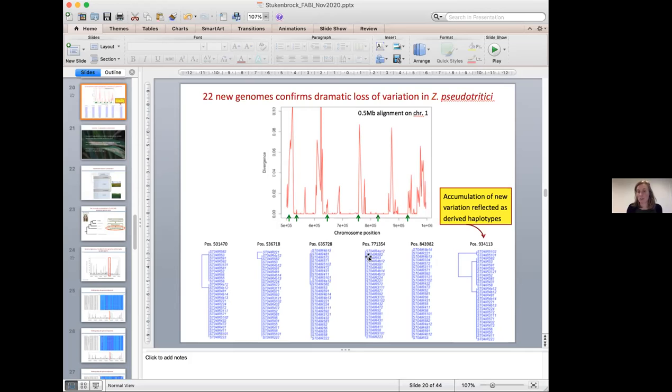And for the pathogen, it's not very good to have such long stretches where you have no genetic variation, relying only on the de novo accumulation of mutations. And this is what we see with this larger data set where we have 27 genomes, where we now start to identify single nucleotide polymorphisms popping up.